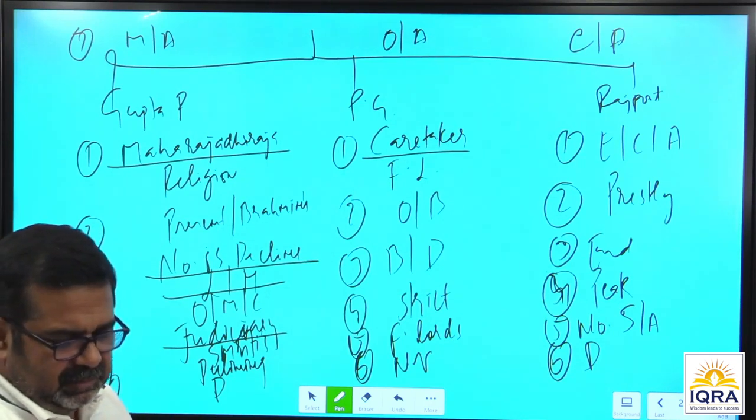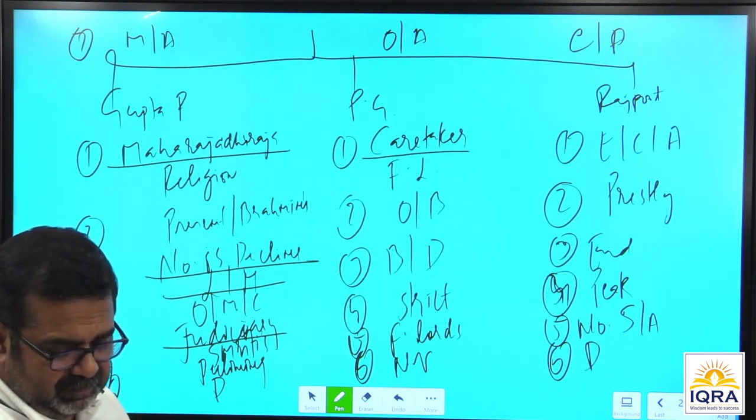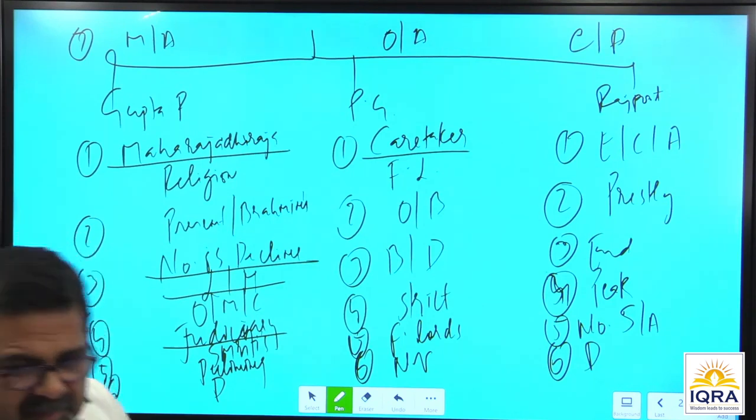This is the entire political structure of the ancient period. Clear?